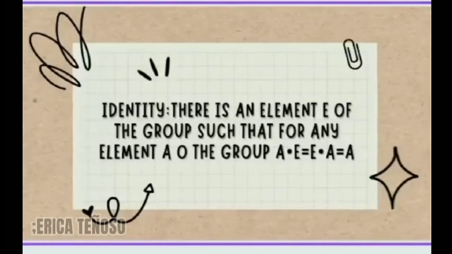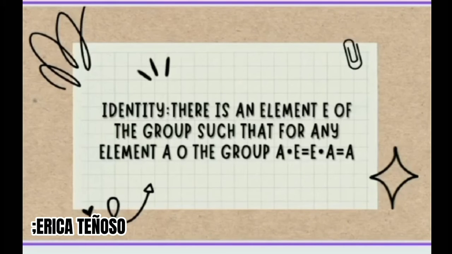Identity: there is an element E of the group such that for any element A in the group, A times E equals E times A equals A. The neutral element of a group is often called the identity element if the operation is written in multiplicative notation, while it is called the zero element or null element if the operation is written in additive notation.